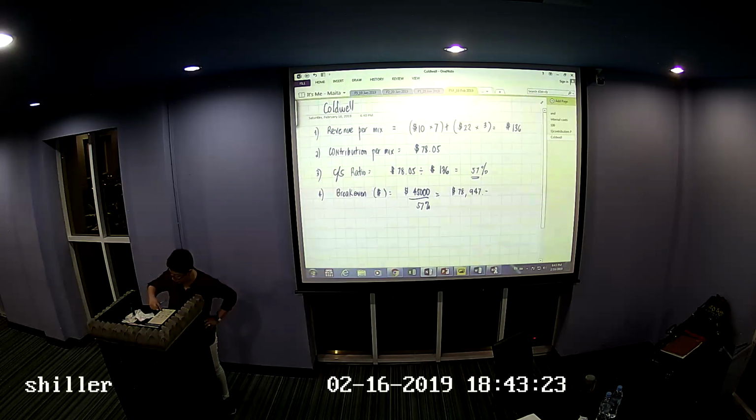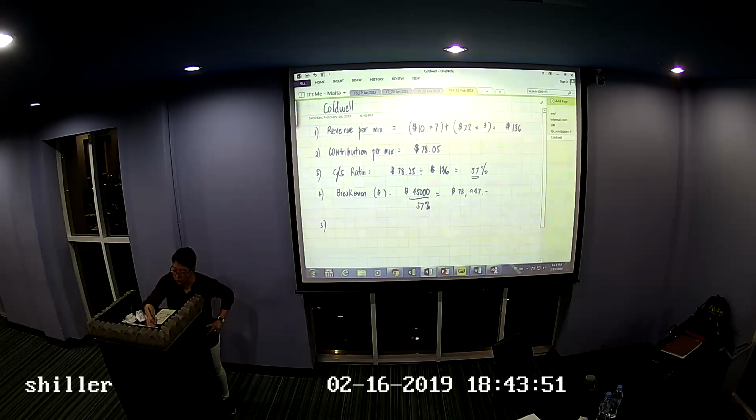Correct? What was the total earlier? Why is it a little bit different? Because of the rounding off, yeah? But it's about 78,000, right? Now what's the next step? I need to calculate the what? What is it called?